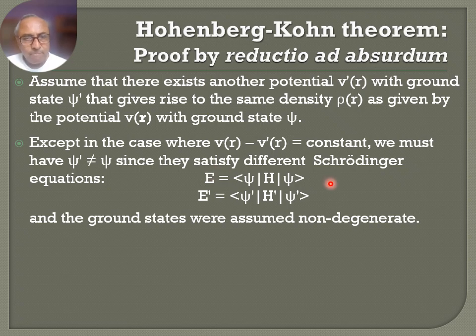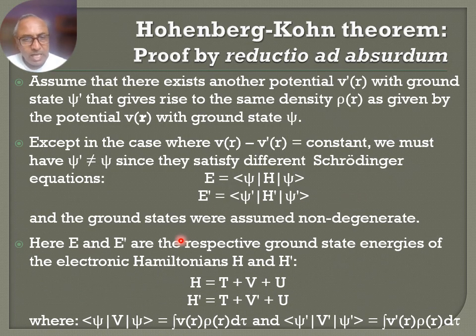That is, E is the expectation value of the Hamiltonian H with the wave function ψ, and E' is the expectation value of the Hamiltonian H' with the wave function ψ', and we have assumed that the ground states are non-degenerate. That means there can exist only one wave function with a given energy.